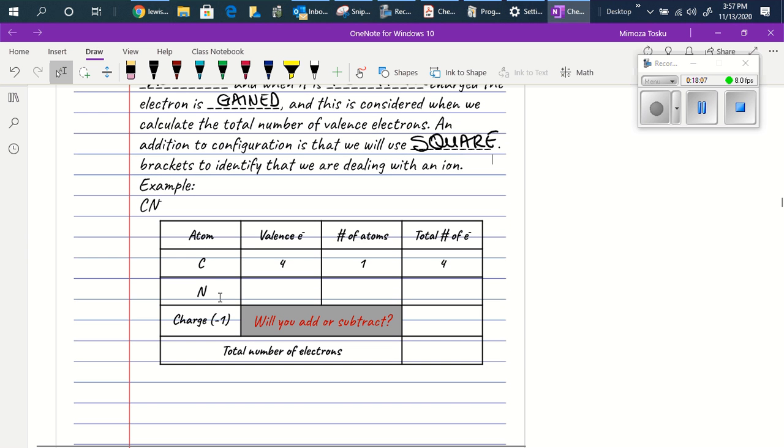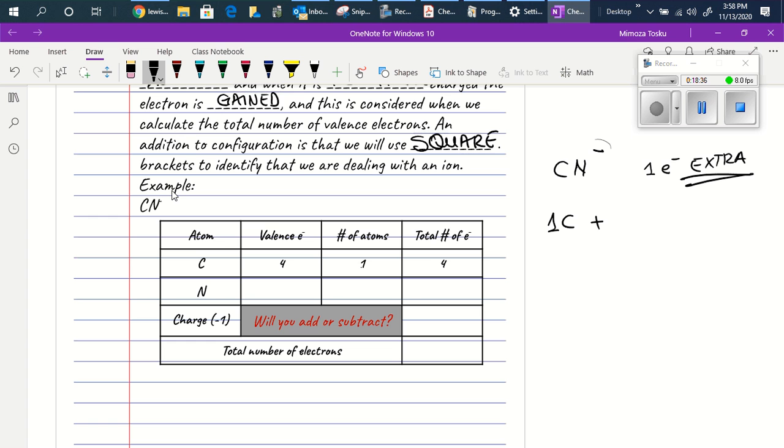So let's see now when we have CN minus. Okay, so CN minus. When it is minus, it is -1, and that means that we have 1 extra electron gained. So the total valence electrons for carbon is 4, number of atoms is 1, plus 1 nitrogen, and then we have 1 electron.